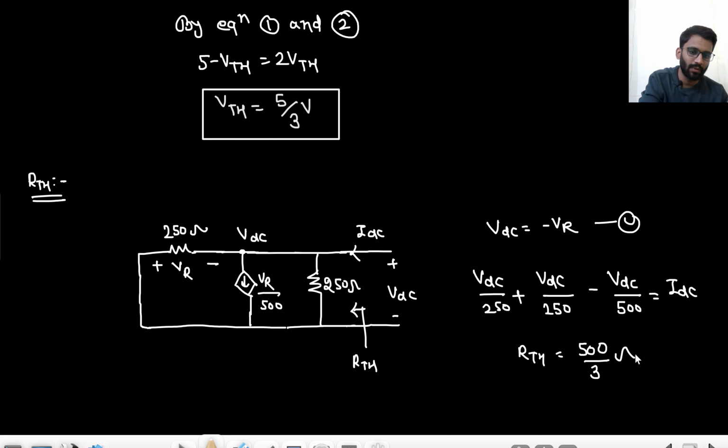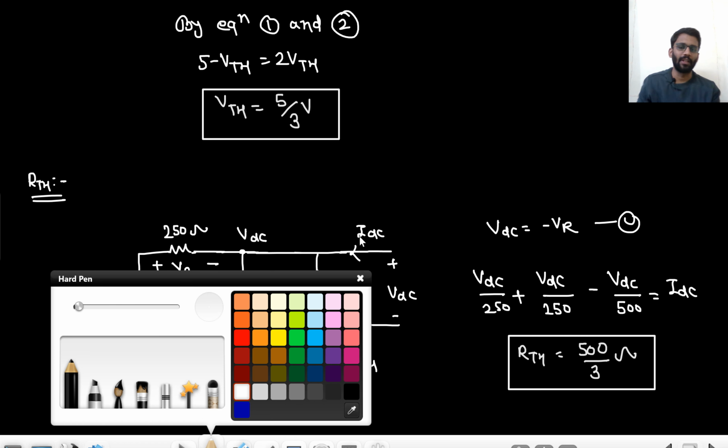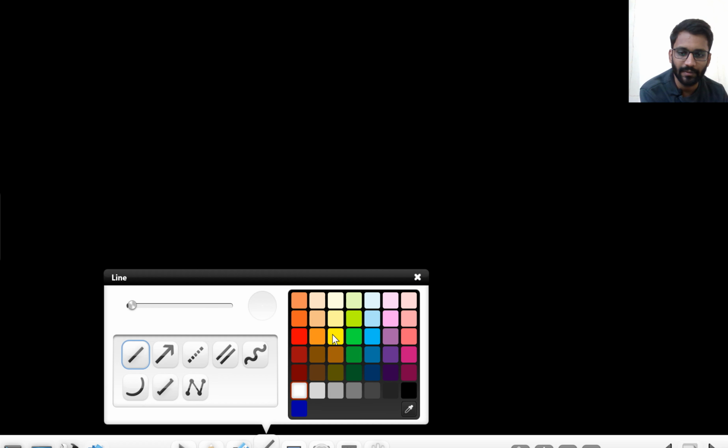You guys should be able to solve these problems now, because we have seen hundreds of problems in network theorem. So these problems should be solved without any calculation error. Okay. So VTH is 5 by 3, RTH is 500 by 3.